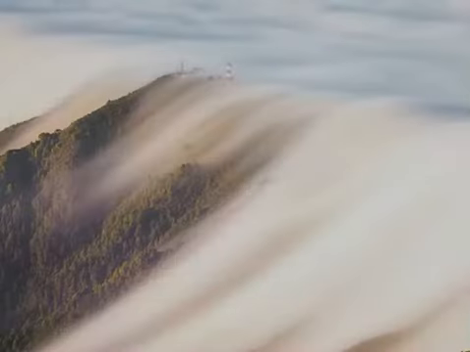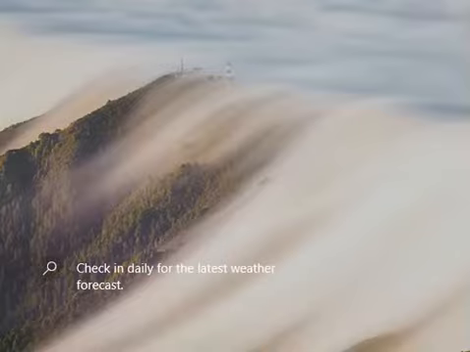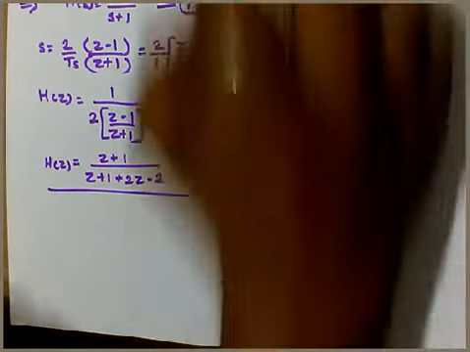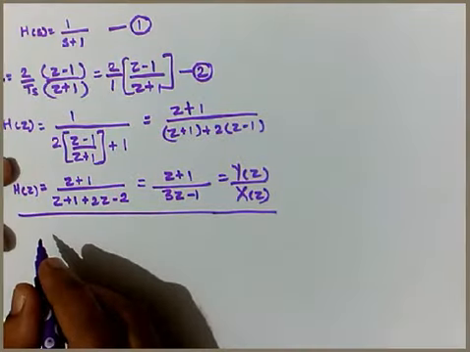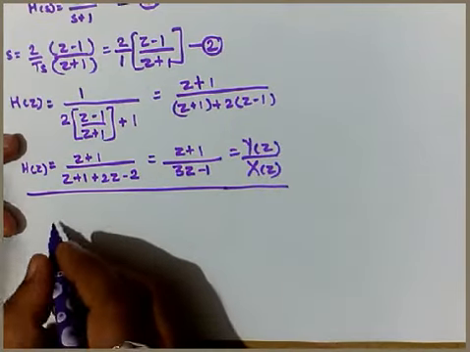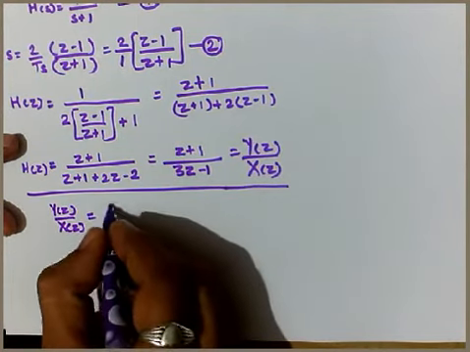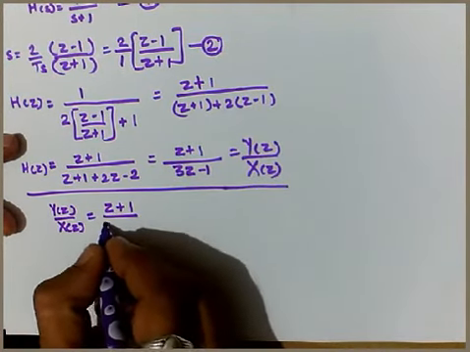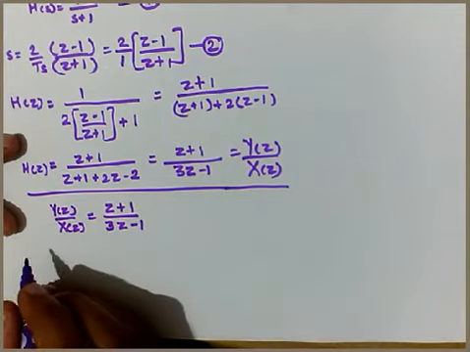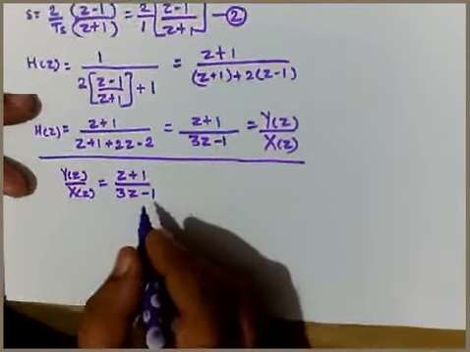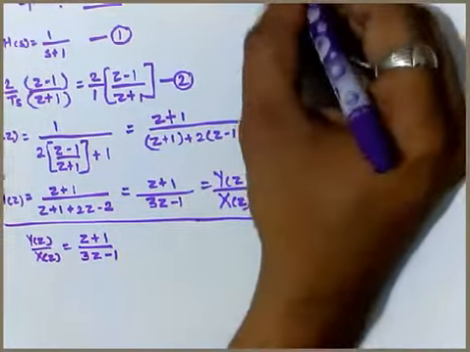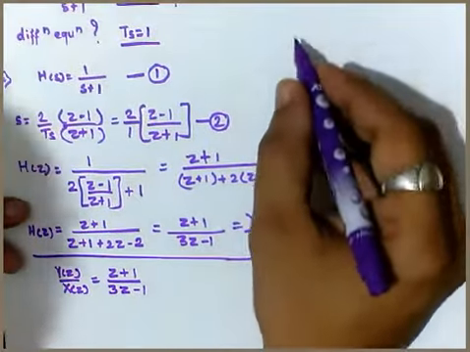Now let's simplify it further. So it is nothing but y of z into 3z, so it will be nothing but the equation which we can simplify as 3 minus z inverse, because we do have the property 3 minus z inverse, which is equal to 1 plus z inverse x of z.